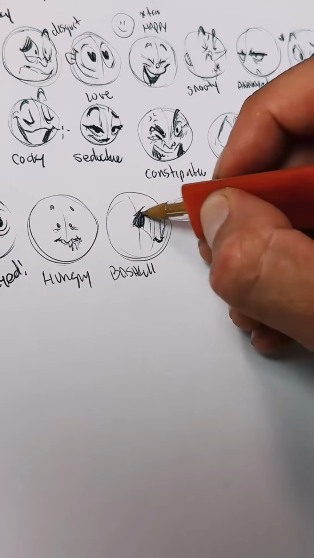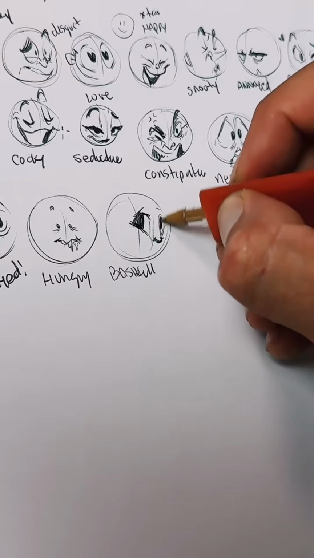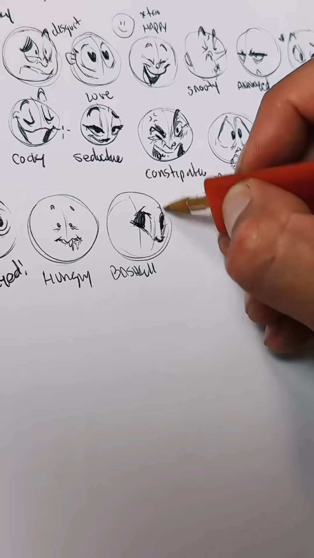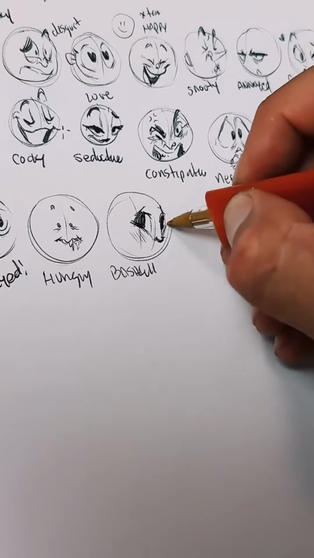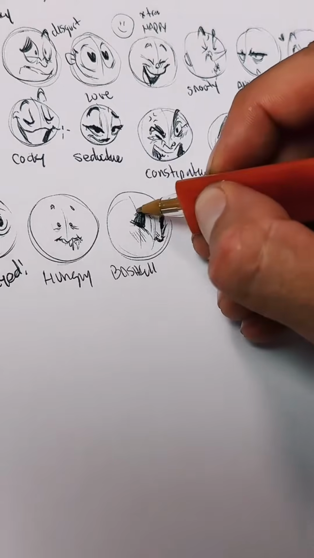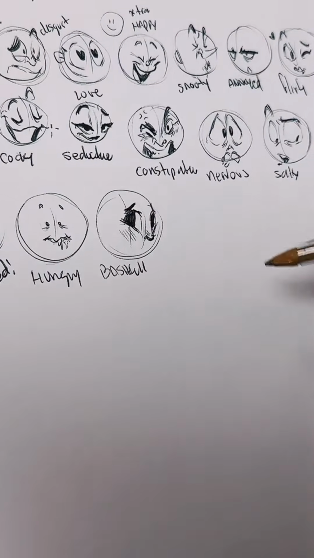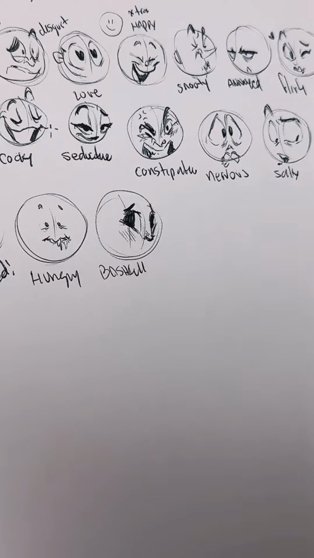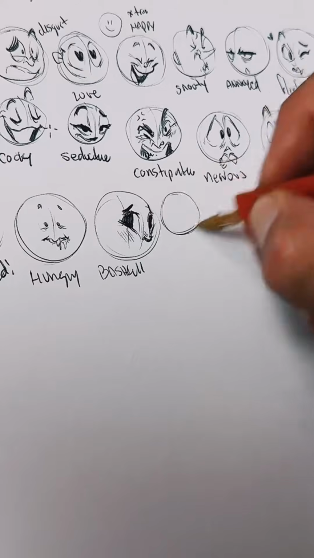Would something like that work for bashful? I don't know. I'm not completely sold on this one. So bashful, that would be like romantically shy, right? Let's try one more for bashful.